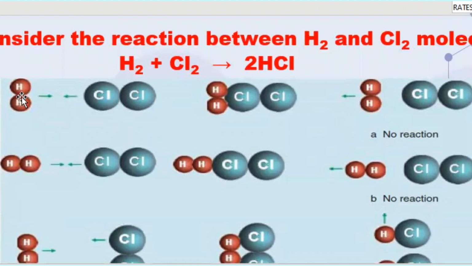In this case, the hydrogen atoms are not properly oriented and they do not effectively collide. Look at this, the collision between what? The two molecules, hydrogen molecule and chlorine molecule. This is caused by what? The reactants are not properly oriented.